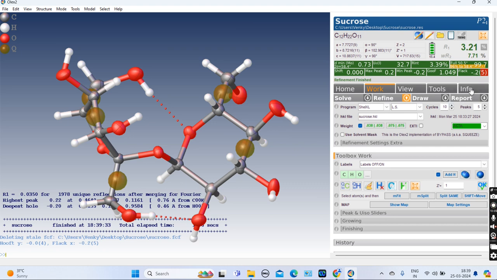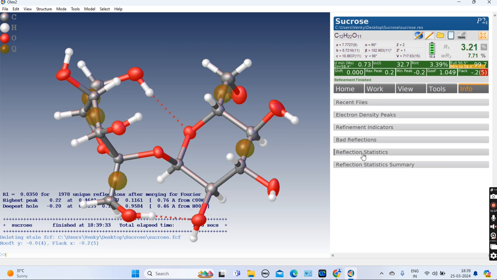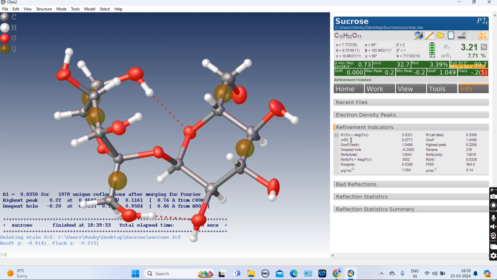Go to tools and info. Here you can see all these indicators, the refinement indicators; you click. Here you can see R1, WR2, goof, that is goodness of fit, which should be 1. Then you can see the number of reflections, that is HKL, 13,643.